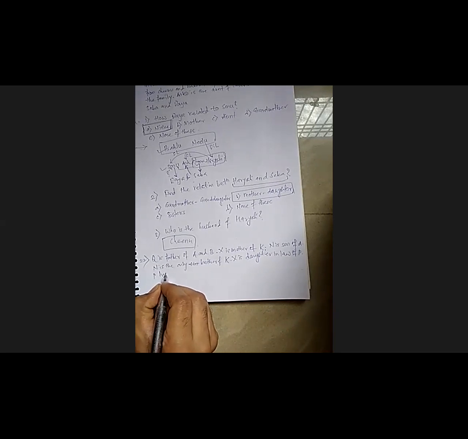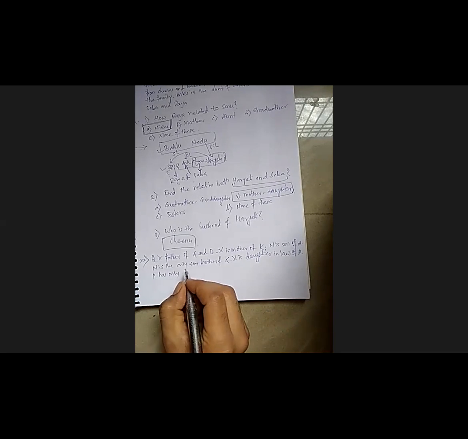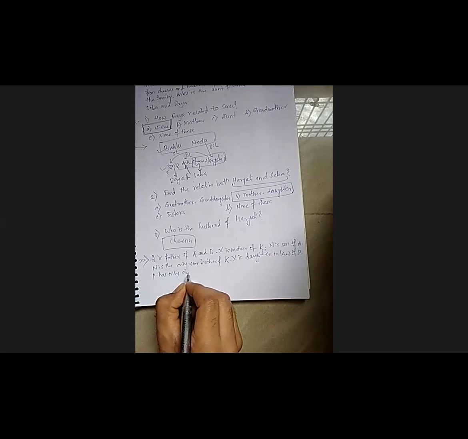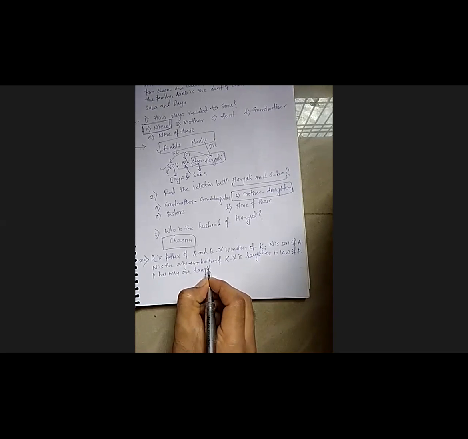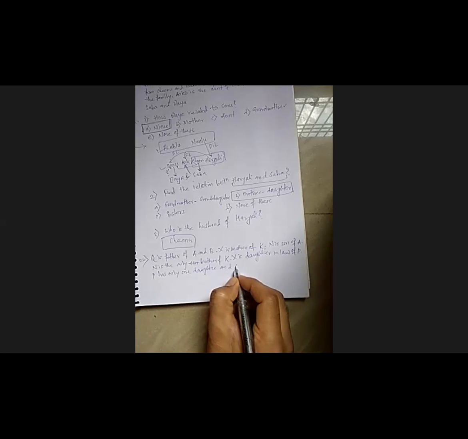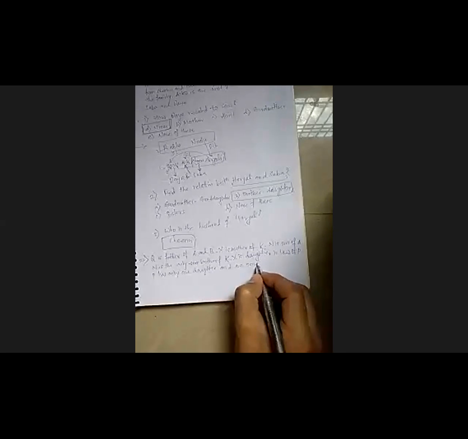P has only one daughter and one son. Sorry. Right.